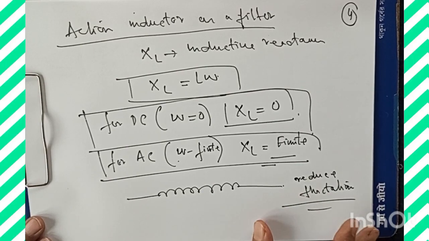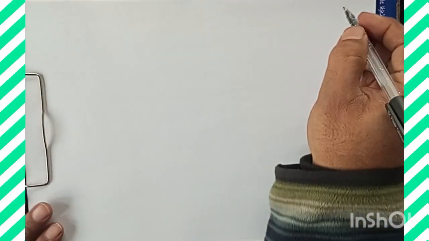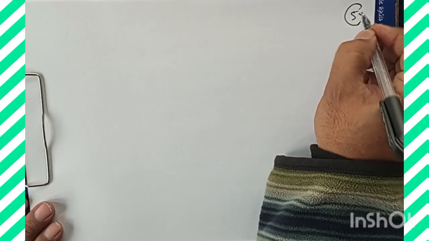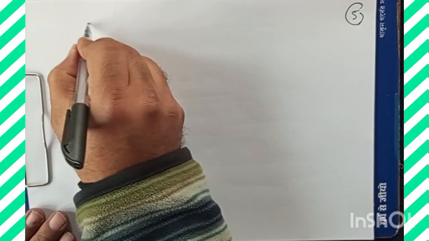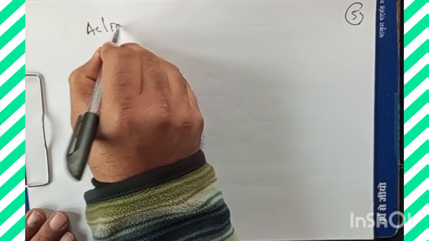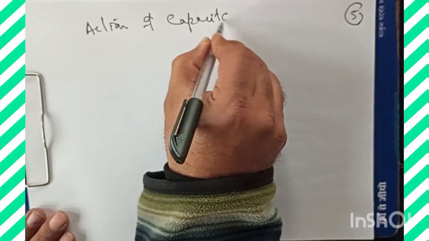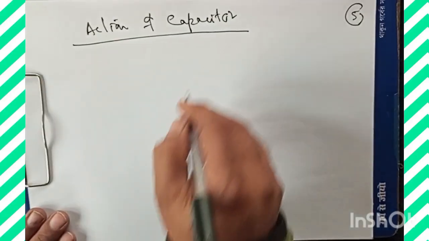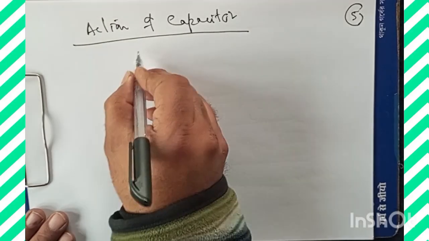Now, another important element that we talked about is the capacitor. In case of a capacitor, we would like to see the action of a capacitor. Now, in this case, we are well aware of XC.